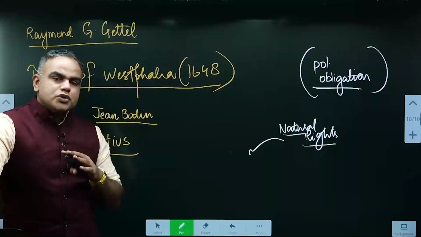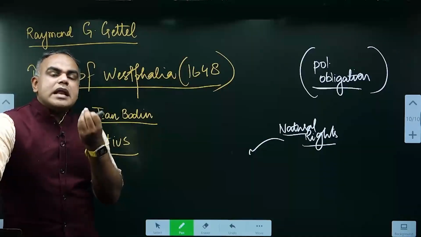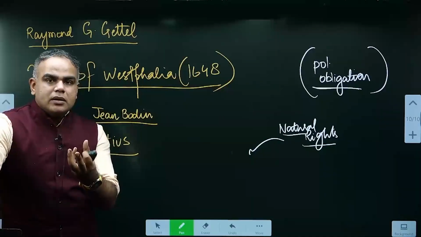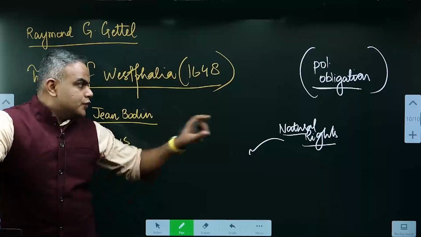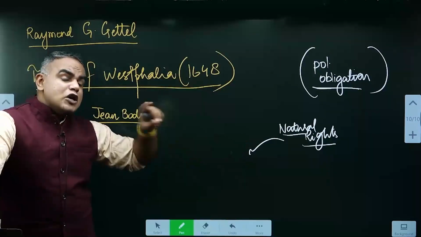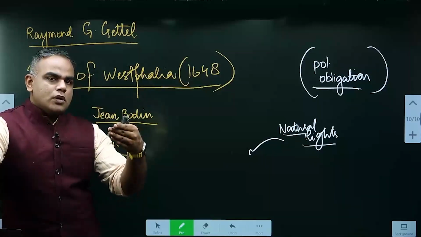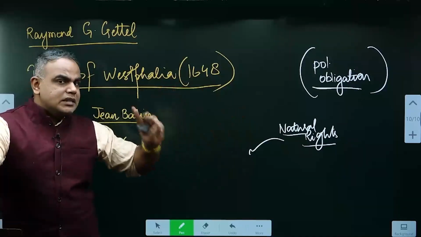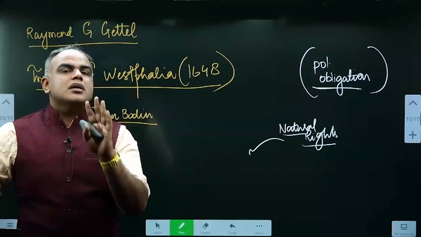So for Hobbes or anybody who is talking about legal positivism, what is law? Whatever is law is supported by state. Natural rights are not supported by state. Now, what if state creates a law saying natural rights are legal? Then it is going to be fine. But until and unless that is not done, it will be a problem.